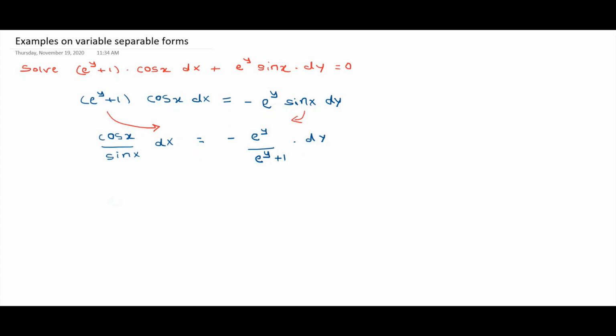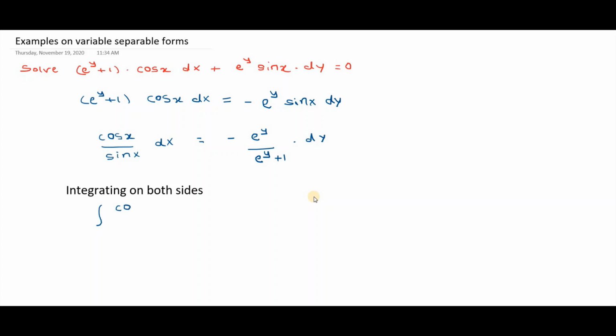Now integrating on both these sides. If you integrate on both these sides, what we get?